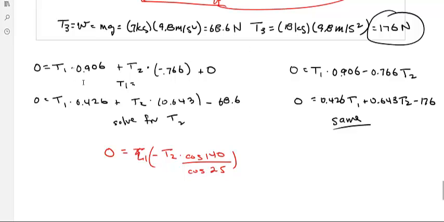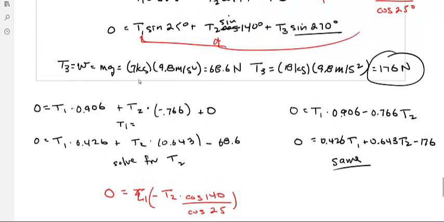And then I multiply by the sine of 25. And then I got the second part of the equation, which is plus 0.643 T2 minus, so this number here is the weight.